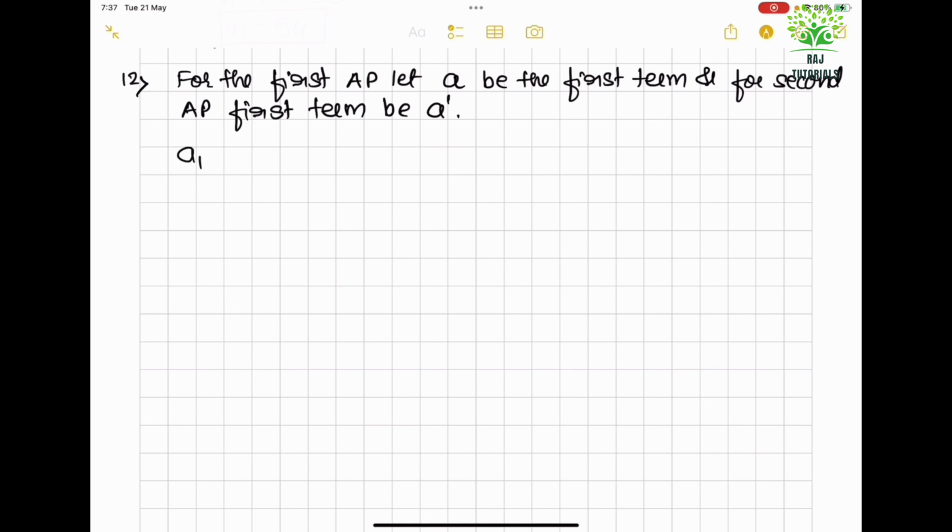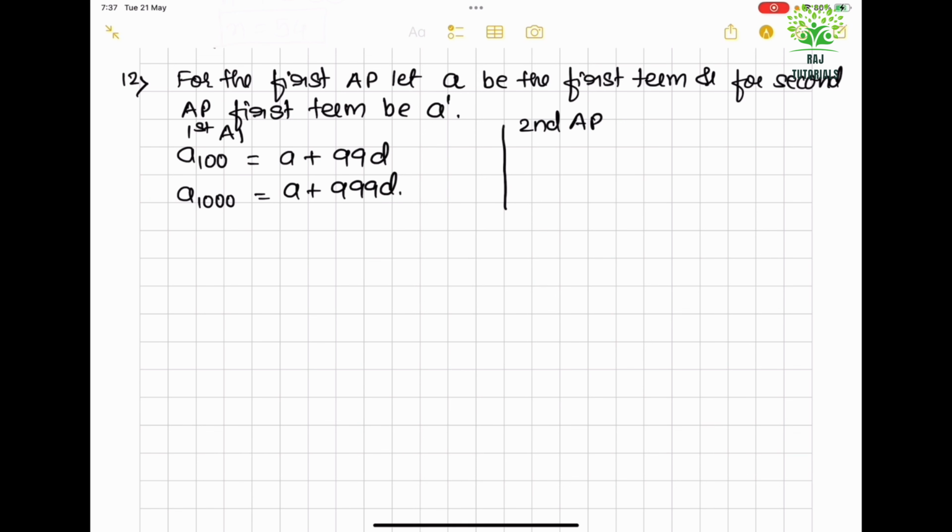Now the 100th term for the first AP will be A plus 99D, and the 1000th term for the first AP will be A plus 999D. Now for the second AP, let me write here first and second so that you understand.